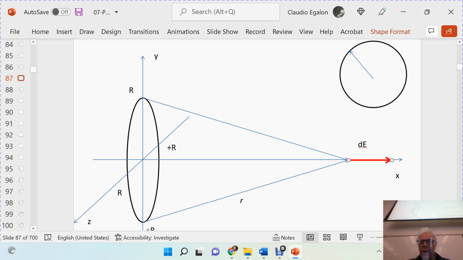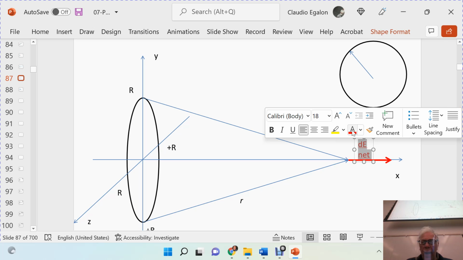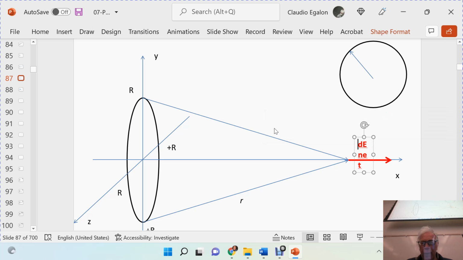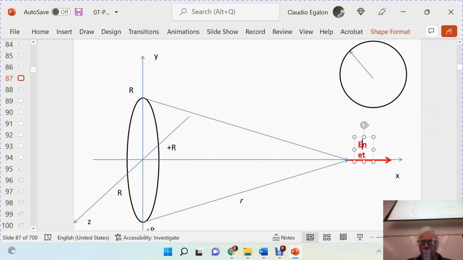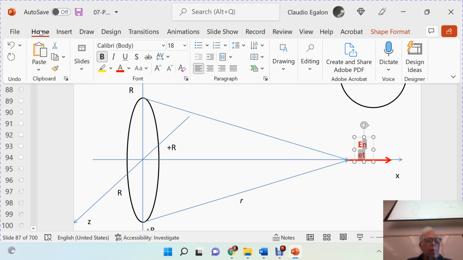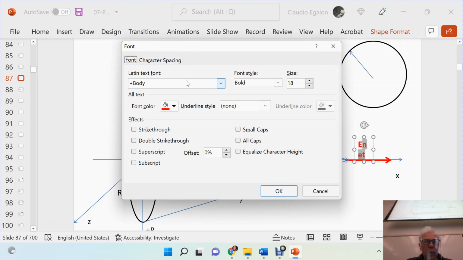I'm going to put it in, net, subscript net.